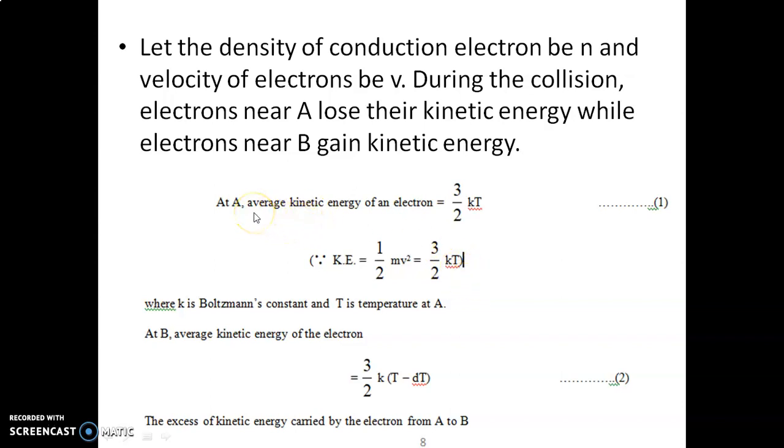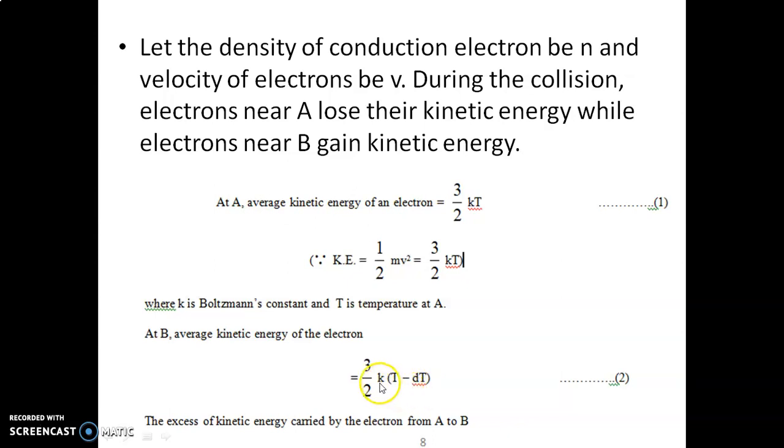Here we write the kinetic energy of electron at cross section A as 3 by 2 into k into T, where T is the temperature at cross section A. Similarly, the kinetic energy of electron at cross section B is 3 by 2 into k into T minus dT, where T minus dT is the temperature at cross section B.